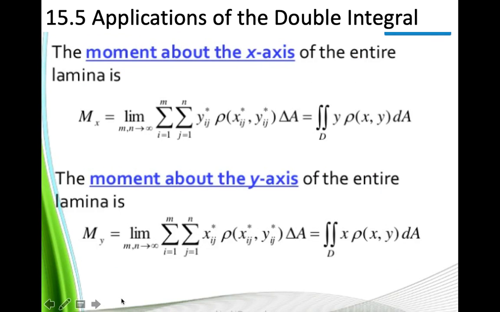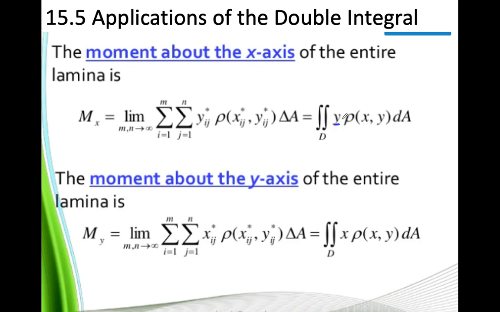So these are the formulas that you need. Still don't even write this down just yet. The moment about the x-axis of the entire lamina, right? Moment x is this limit, Riemann sum, which we write as Leibniz. Notice that the moment in the x direction, or to the x-axis, has this y.